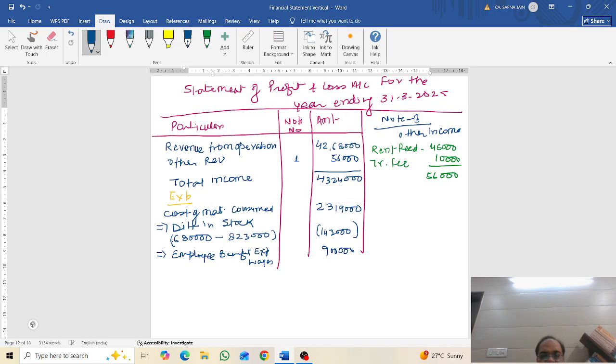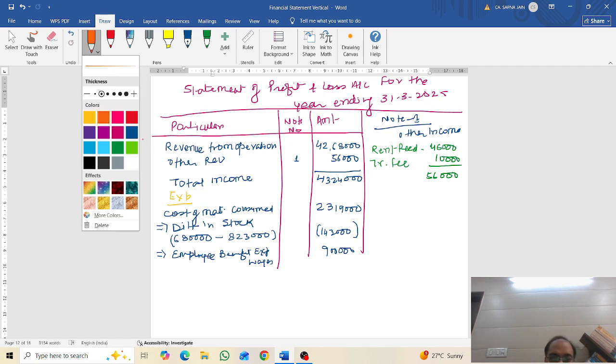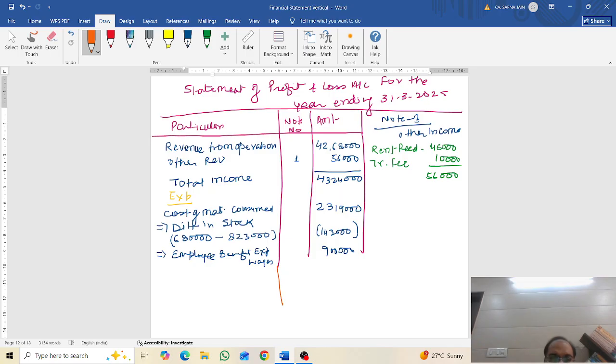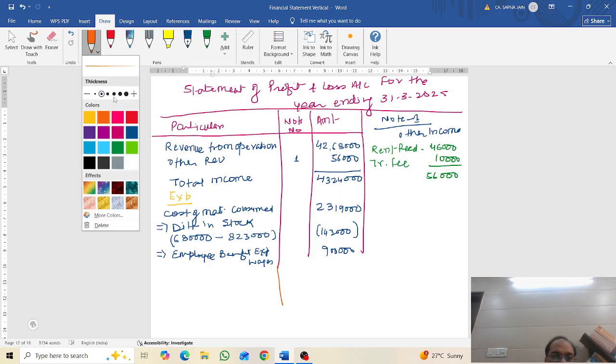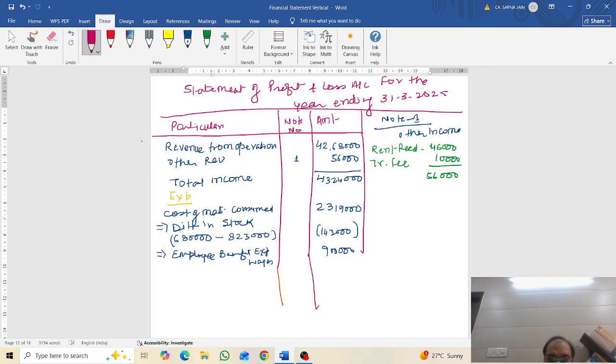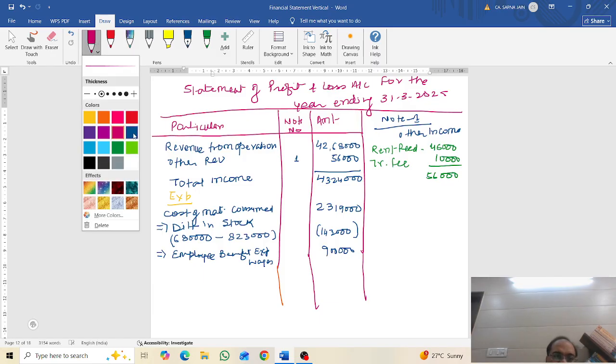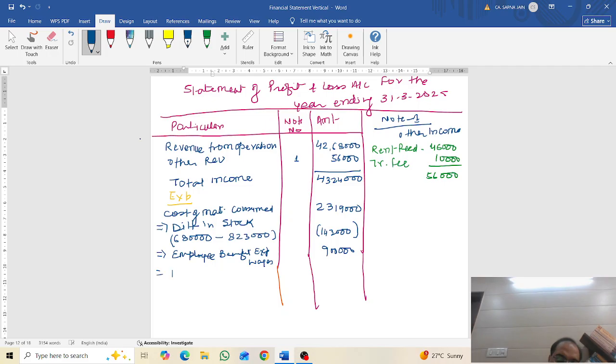Total wages 9 lakh rupees is given in the question. After employee benefit expenses, now the next item is finance cost.